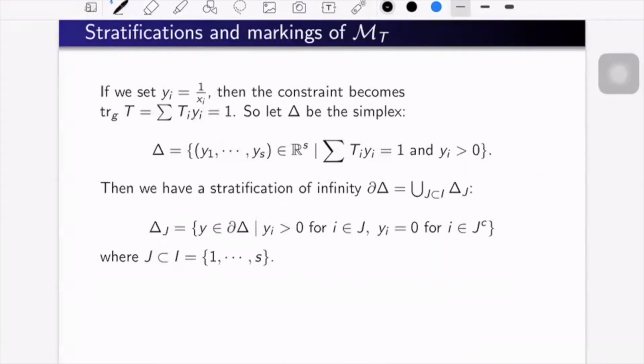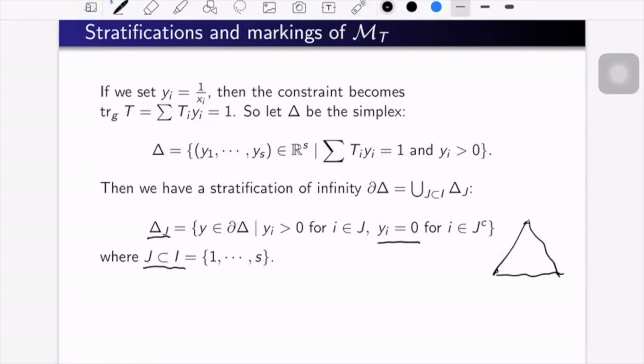In general, I look at a stratum associated to any subset of the index set. So choose a subset of the index set 1 up to S, and look at the points in the simplex where Yi vanishes. It gives me one of the faces of this stratification of the simplex. So for each subset, I get a face, and the thing is stratified. In this example here, I had 6 strata, the 3 faces and the 3 vertices.